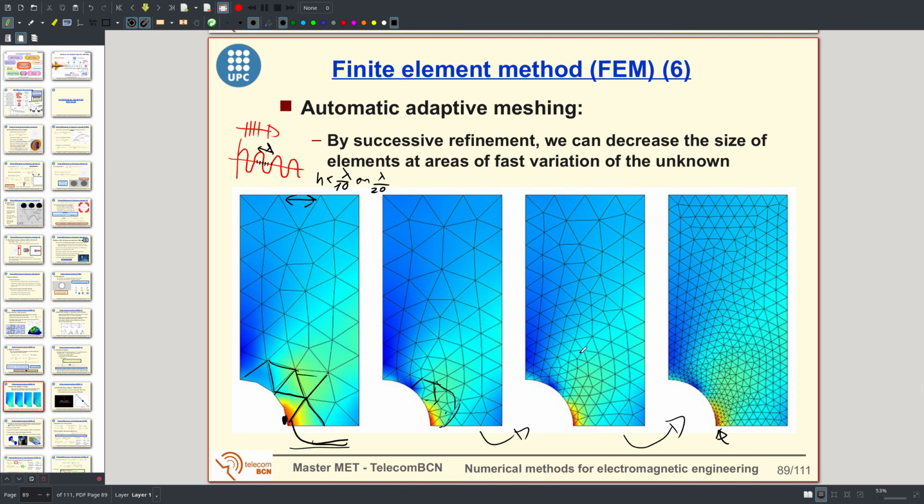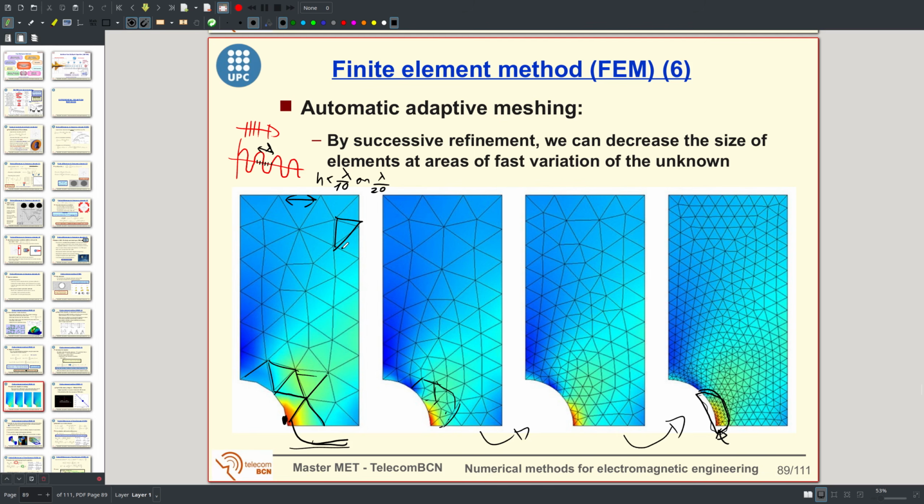So what you can do in electromagnetic cases is to do a very fine sampling where you know that there is a very fast variation of the magnitude of the field. However, you cannot use very large elements like this if they are larger than lambda over 10, because then you would have an undersampling of the phase, although the smooth variation of the magnitude would be correctly sampled.